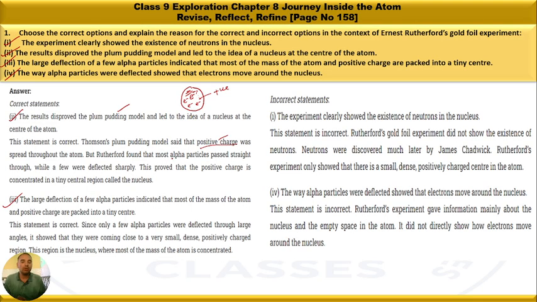But Rutherford found that most of the alpha particles, the positively charged particles, passed straight through the atom, while a few were deflected very sharply.